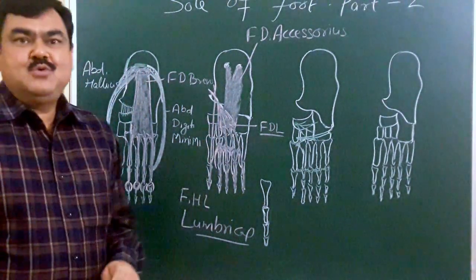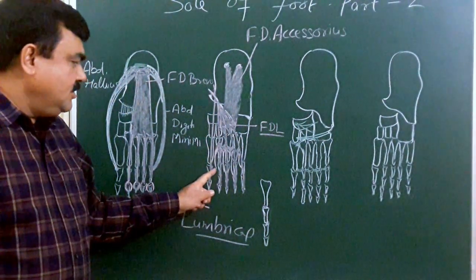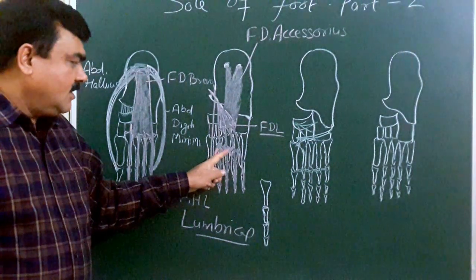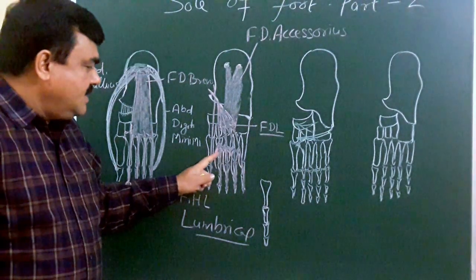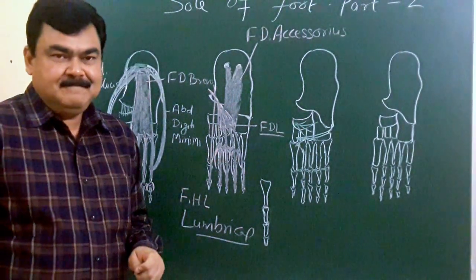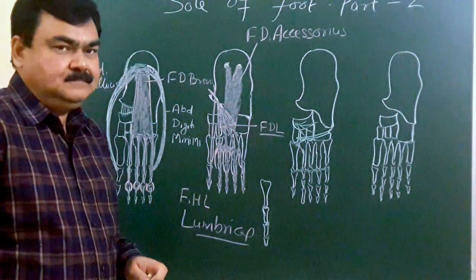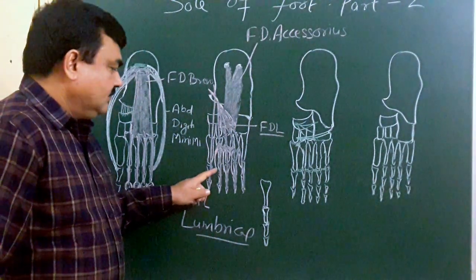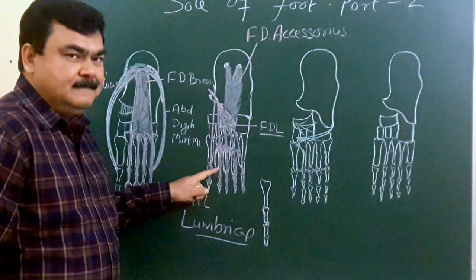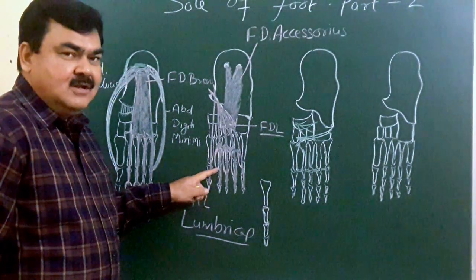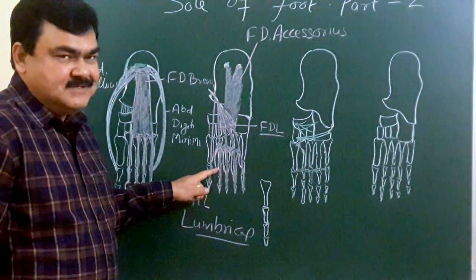In this diagram, you can see the first lumbrical is unipennate, and the second, third, fourth are bipennate. These lumbrical muscles, after crossing the metatarsophalangeal joint, are inserted on the dorsal digital expansion.